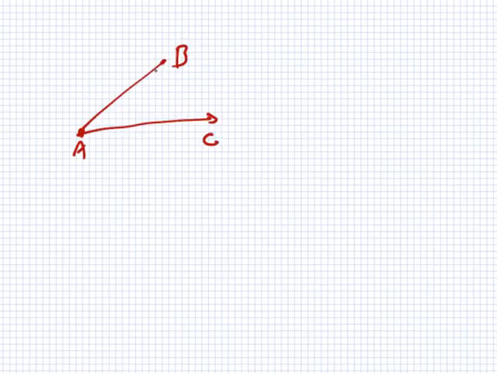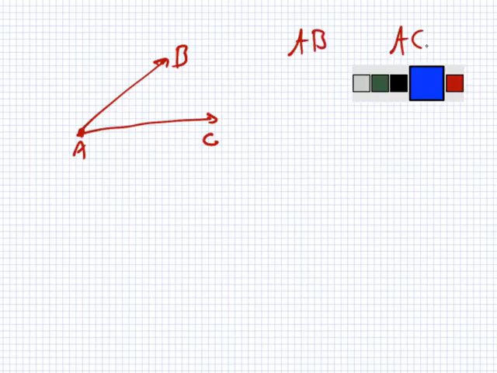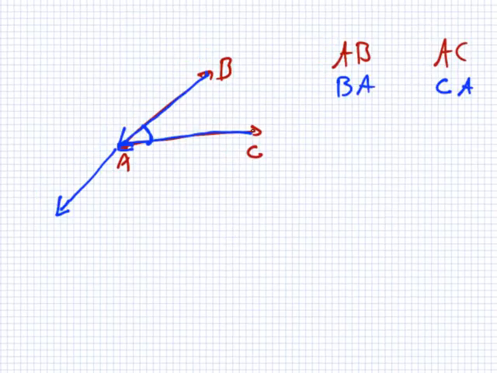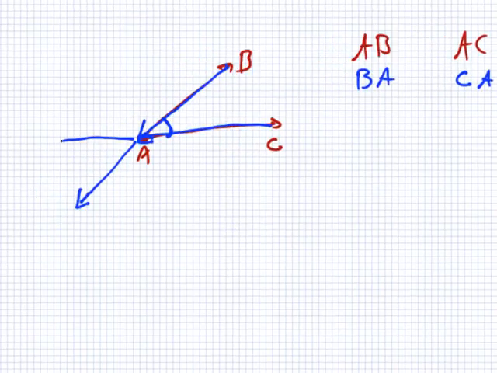Look. There's A, there's B, and there's A, and there's C. If you use AB and AC, you're going to get this angle. If you use BA, you're going to use this vector. And if you use CA, you're going to use this vector. But this vector is the same as this vector, and this vector is the same as this vector.